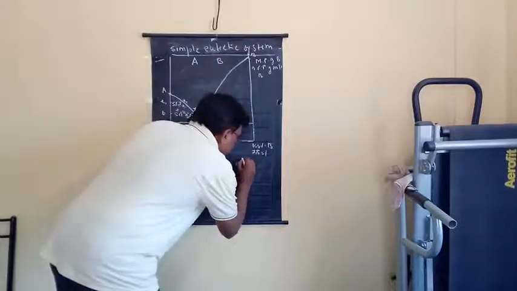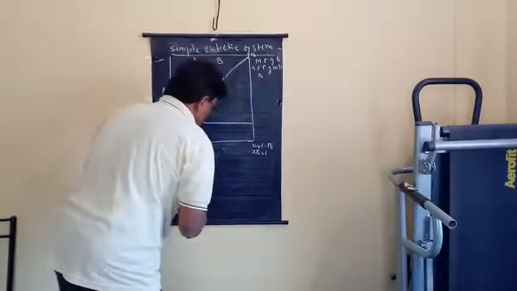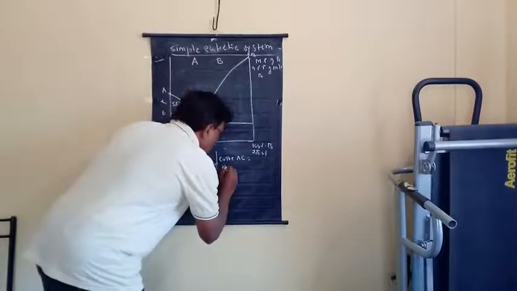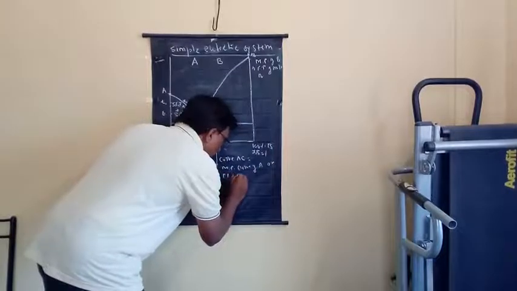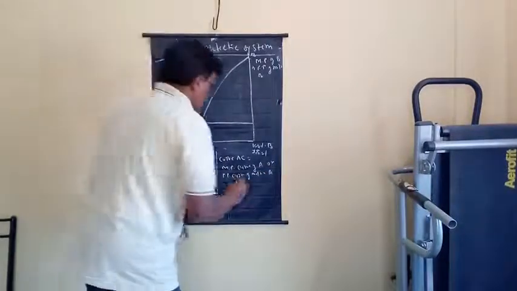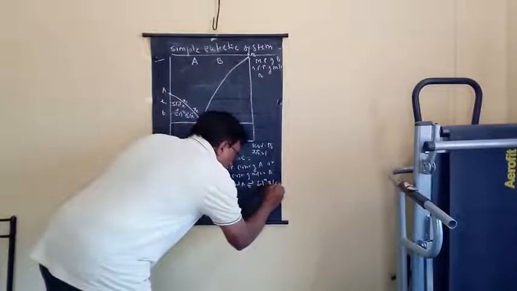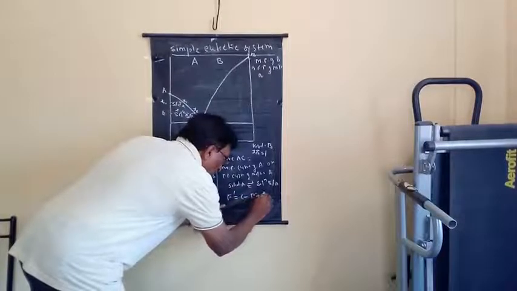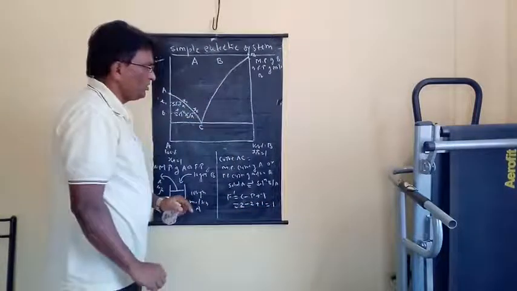Now this curve AC is called the melting point curve of A or freezing point curve of molten A. Along this curve AC, two phases are in equilibrium: solid A and solution of B in A. And therefore, according to the reduced phase rule, components 2, phases 2, the system is univariant.